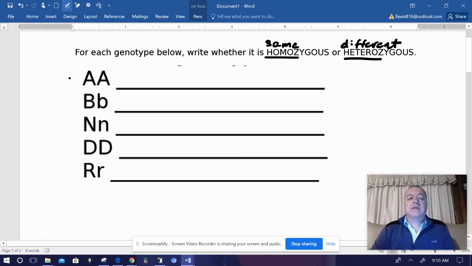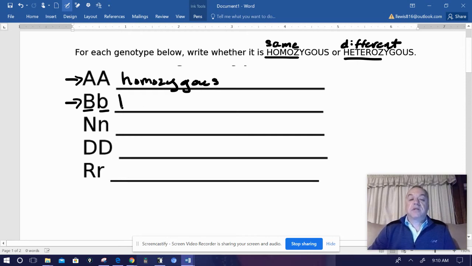And so when we take a look at this, we see a capital A and a capital A. Because these are the same, we will call that homozygous. The next one, we have a capital B and a lowercase b.